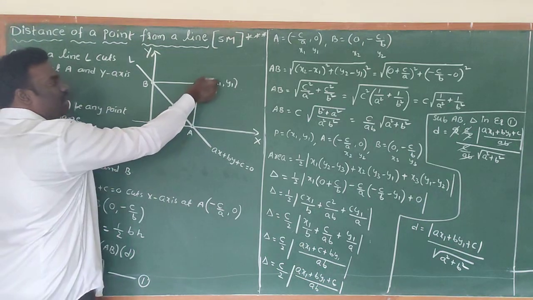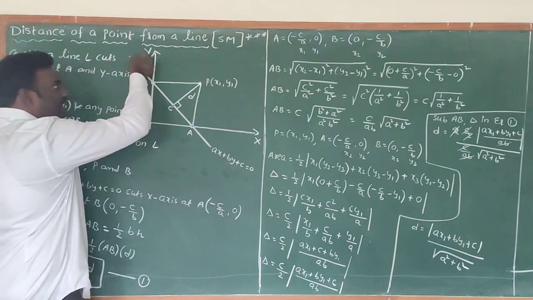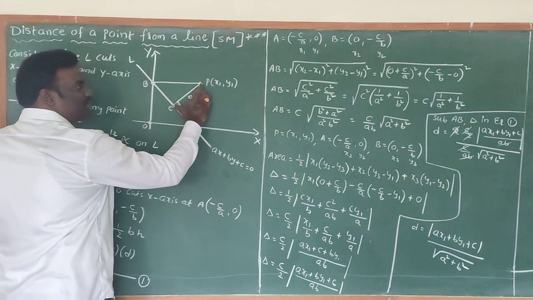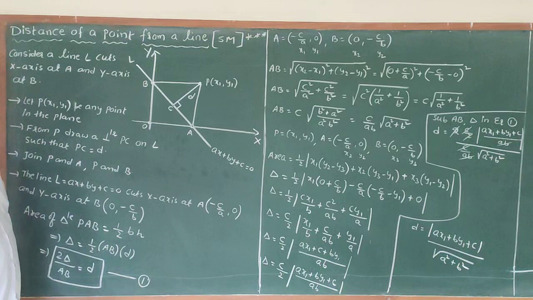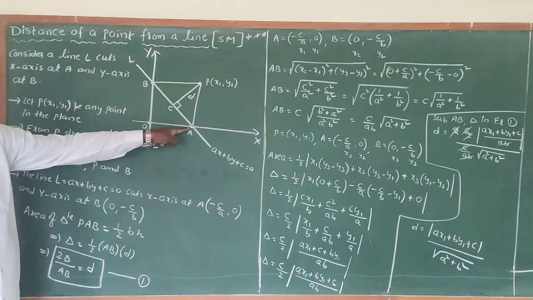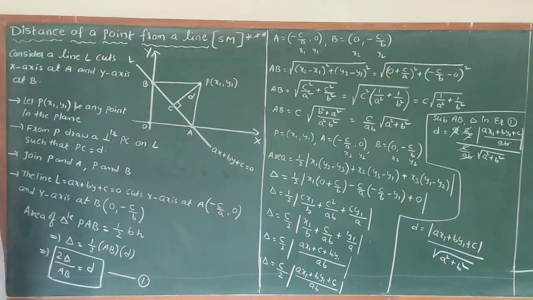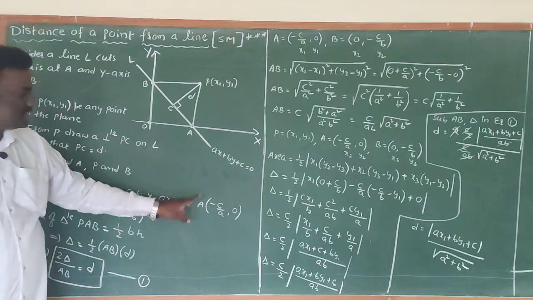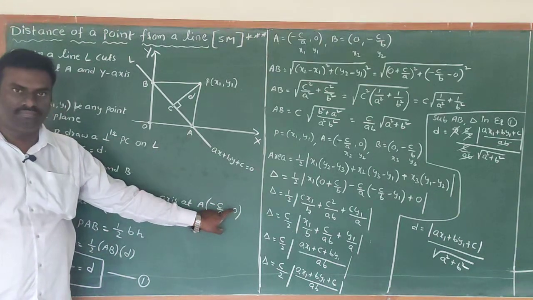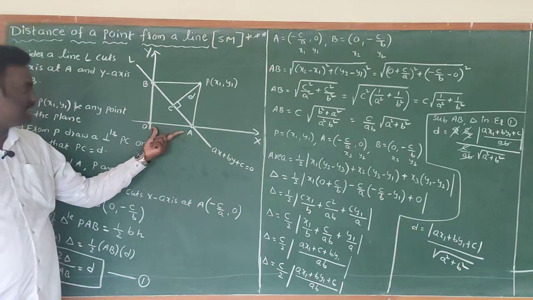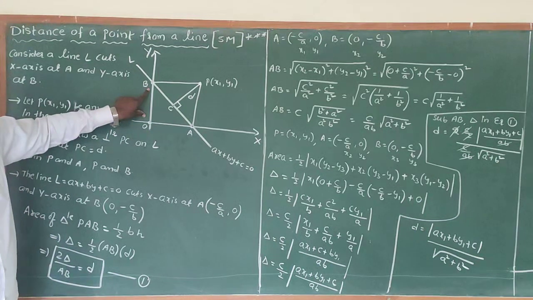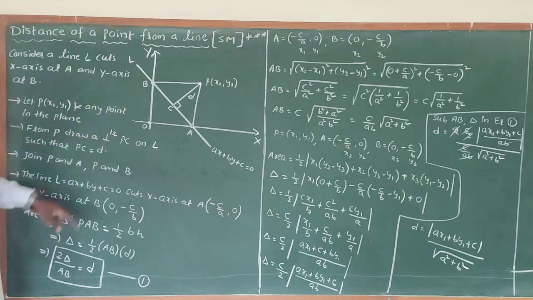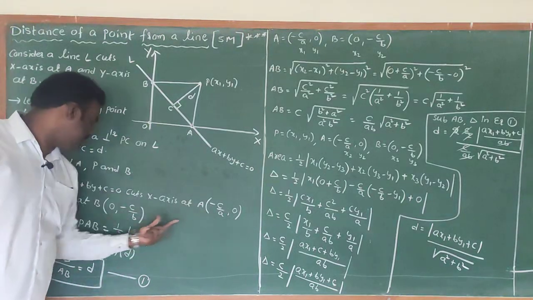From P you draw a perpendicular on the line L. This distance we need to find. We don't know this distance, that's why I am taking this distance is D. Now join P and A and join P and B, and this A point is (minus C by A, 0), because this is x-intercept value is minus C by A. This is y-intercept, this is minus C by B, that's why B point is (0, minus C by B). Already explained how these 2 points came.